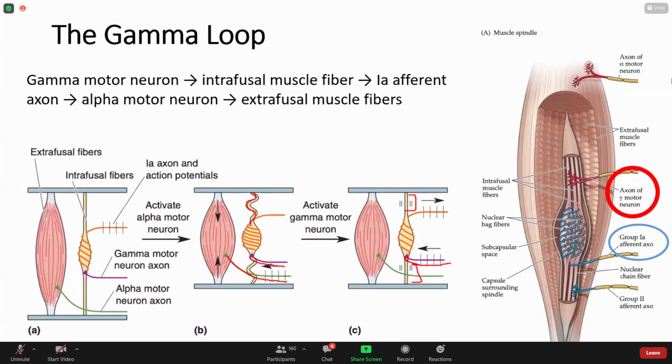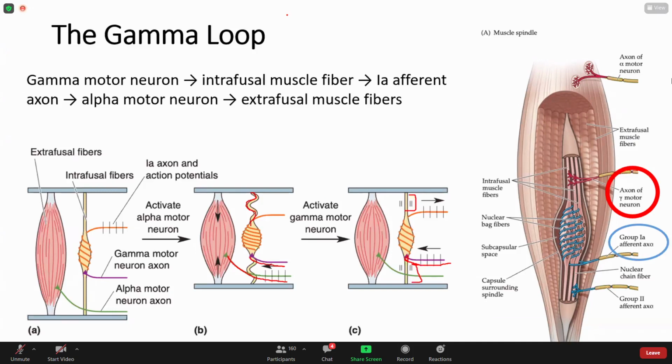This will make the sensory neurons active to detect the changes happening to the muscle cell, okay, which in turn will be informing the extrafusal fibers of what is happening or what is required to do. And so this is what's called the gamma loop.